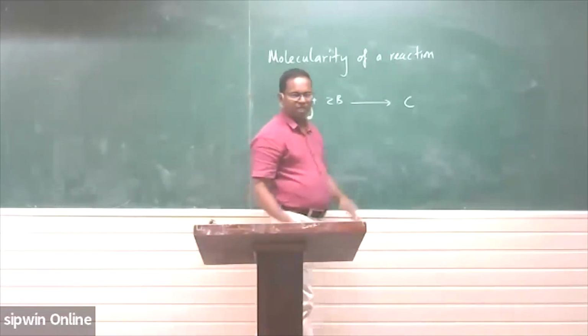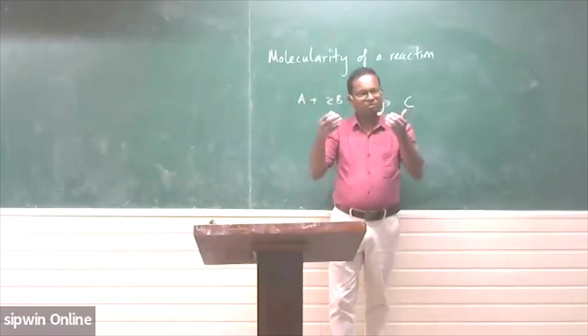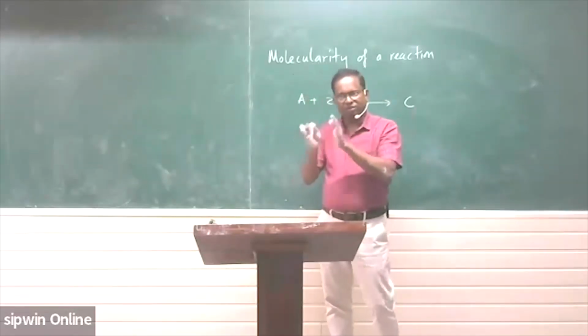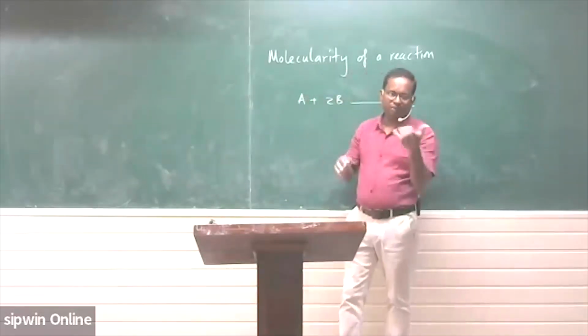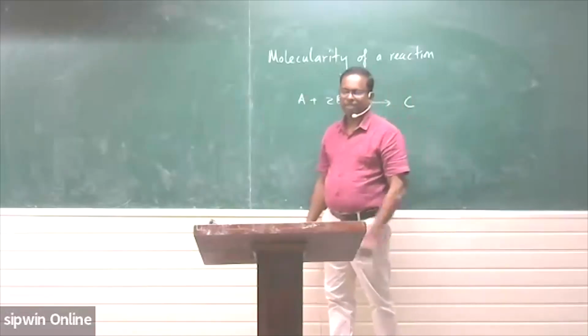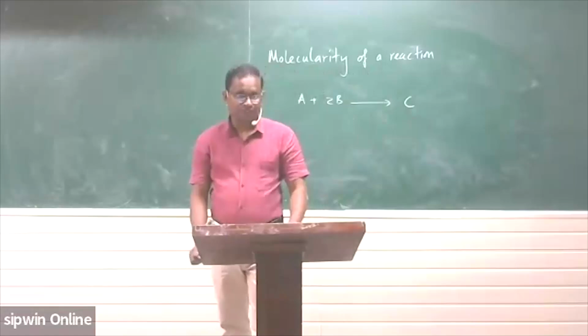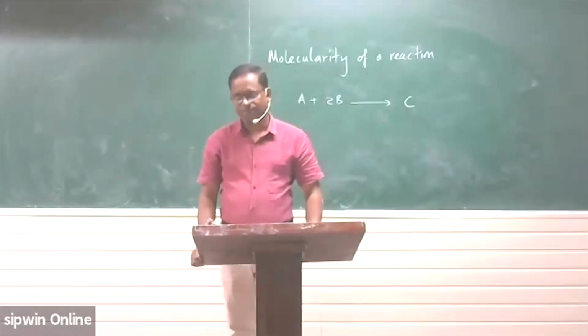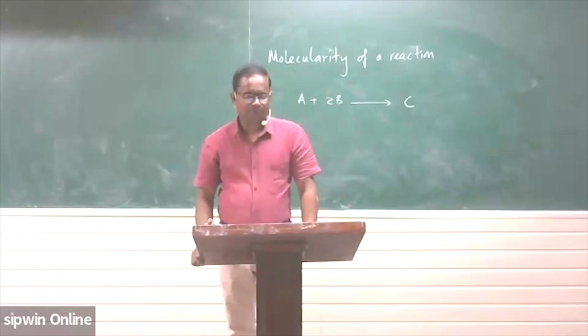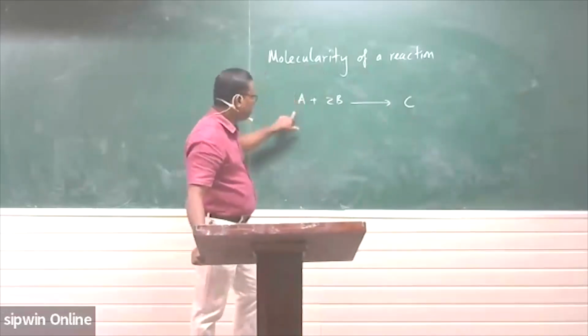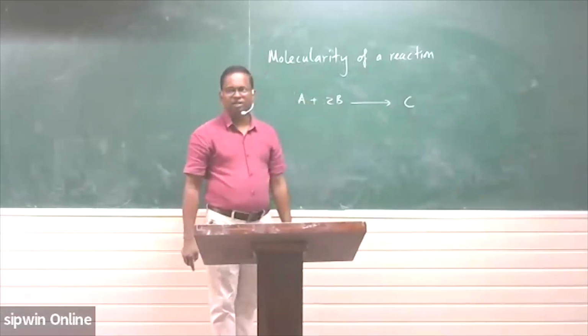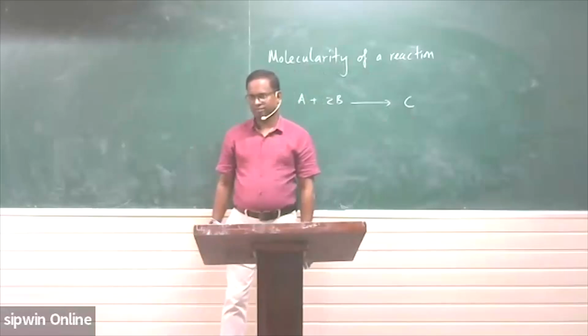So molecularity is the minimum number of reactant molecules required to happen the reaction. When you have the balanced reaction, stoichiometric coefficients directly give that idea. If the reaction is elementary, stoichiometric coefficients directly are the molecularity.